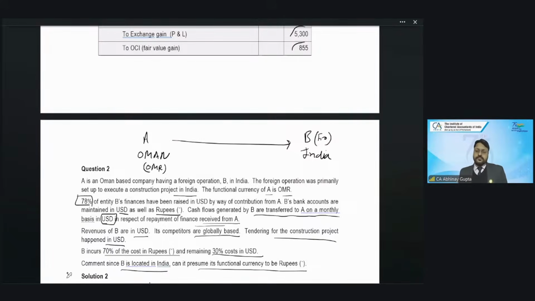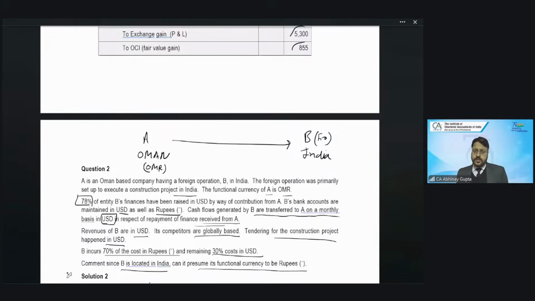Sir, USD will be the functional currency of B, sir. Okay. Why not INR? Sir, there are primary conditions and secondary things. On the primary indicator, it says that significant revenue and competitive forces are in USD only in this case.